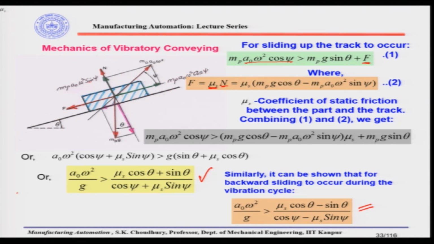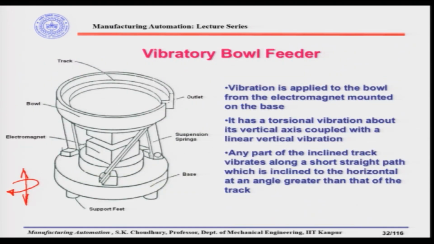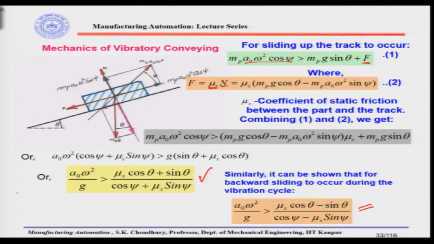Initially I said that because of the two vibrations, that is the linear vibration and the torsional vibration, the part will move in a short straight line at an angle more than the angle of inclination of the track, meaning this is the angle apart from theta. That means it is moving along this direction.